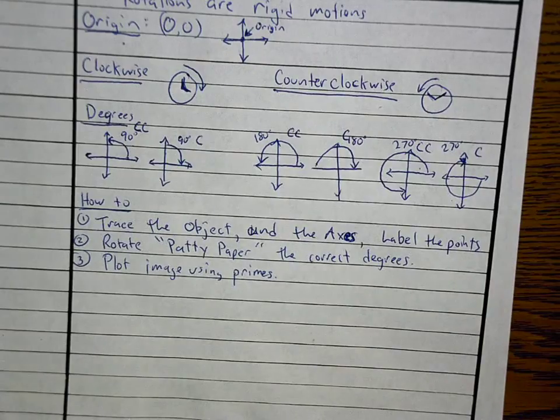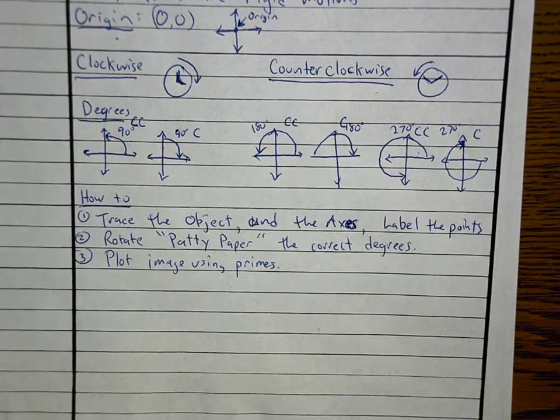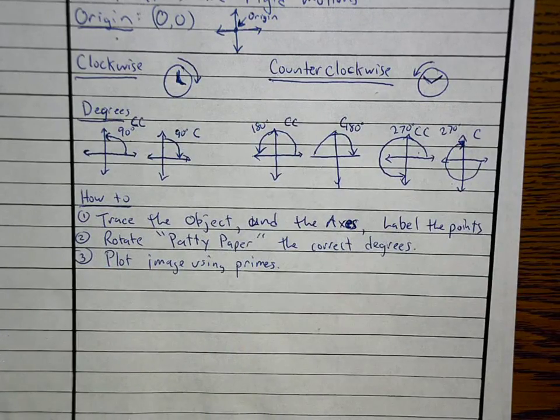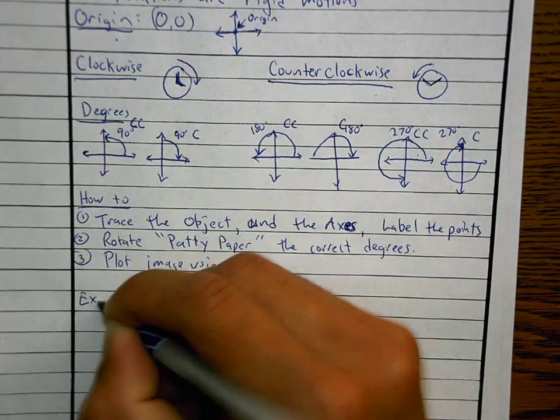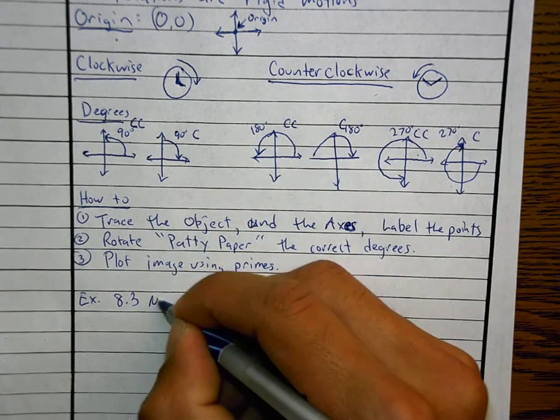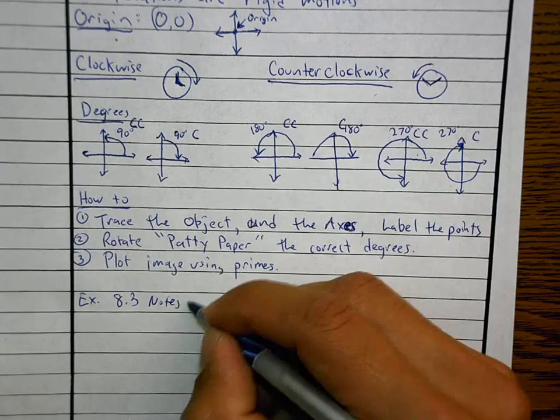So I'm going to give you an example, and this is literally just like last time. You had to do a notes worksheet, and then a homework worksheet. You're going to have the same thing for 8.3. My example for you is going to be 8.3 notes number 1.